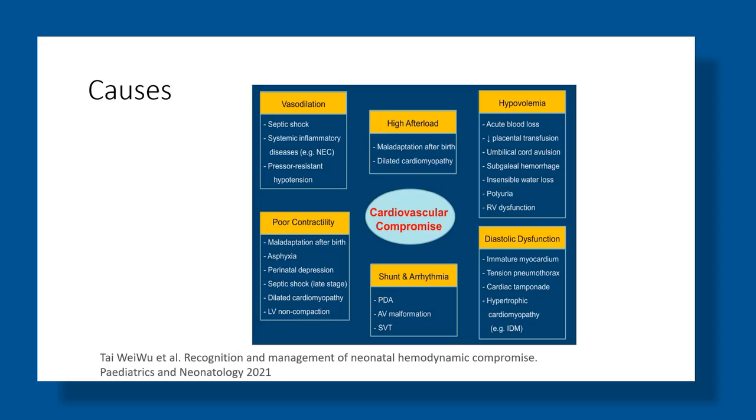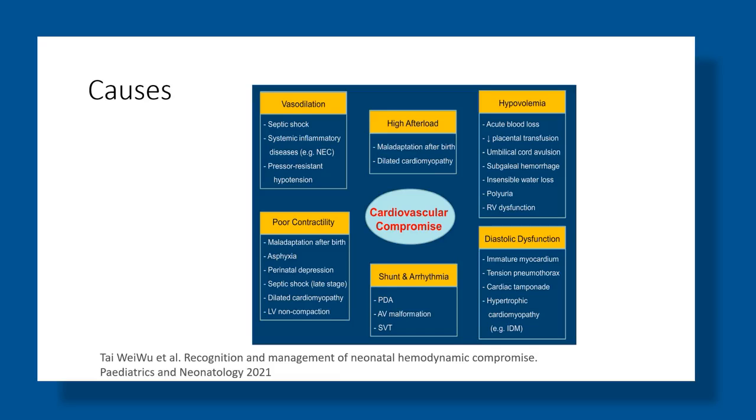Especially we see this condition in term babies who have lost some blood during delivery, especially following placental abruption, or who have had umbilical cord accidents, or somebody who has bled due to subgaleal hemorrhage, or in a preterm baby who has had a significant amount of insensible water loss. And sometimes those who are having some kidney problems or some metabolic issues could have polyuria, especially when they are having high sugar levels.